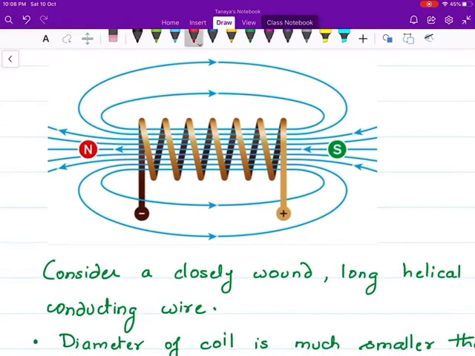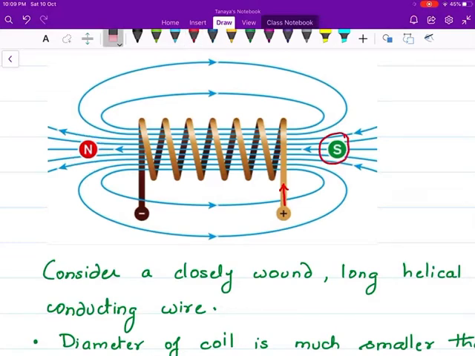We can pass current through this coil, like in this case, the current is flowing in this direction. So the current is flowing through all the turns, because of which this solenoid will start acting as a bar magnet with the north pole on this side and south pole over here.